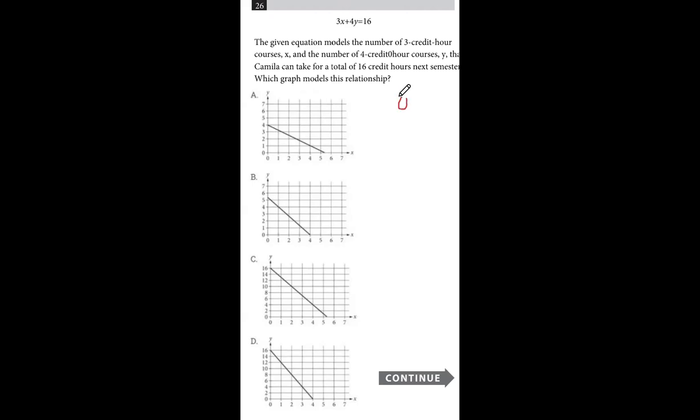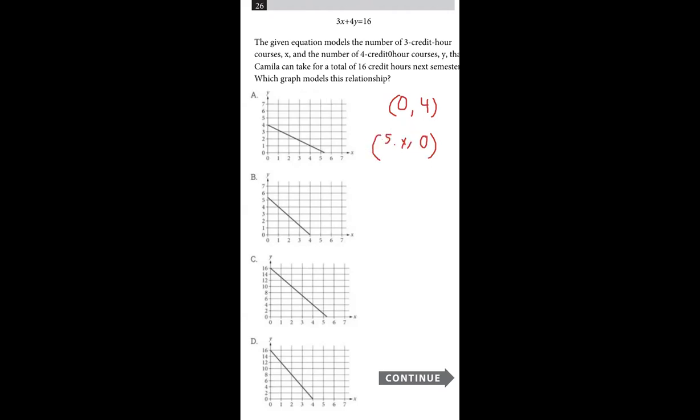So that means we need to have the point (0, 4) on the graph. The other point we need is when y is equal to 0. That would be 16 divided by 3, which is some fractional number, 5 point something.